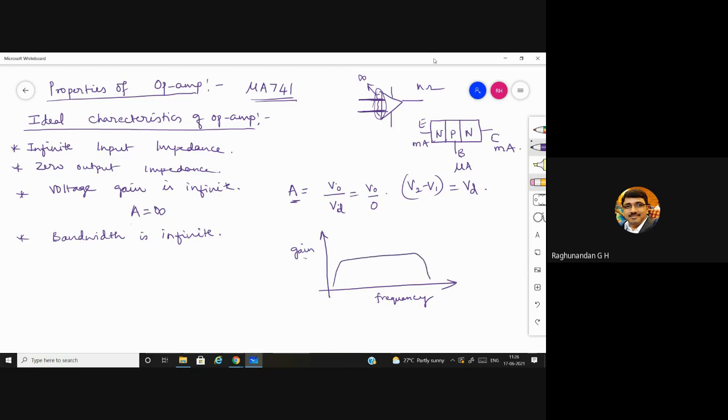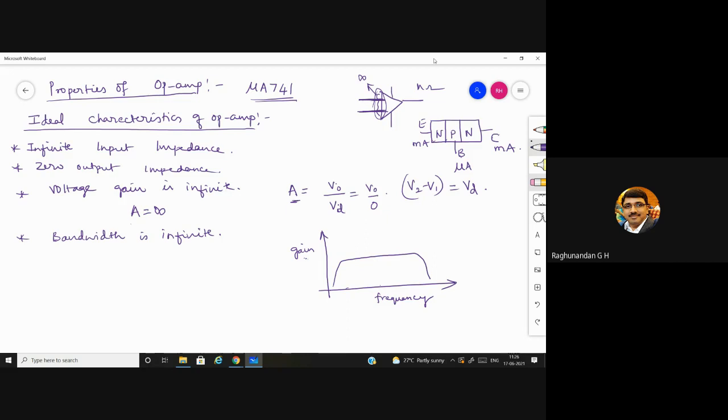Gain means what? What is the formula for gain? VO by VD, right? By changing the frequency, for different frequencies the gain will also change and you'll get this curve.